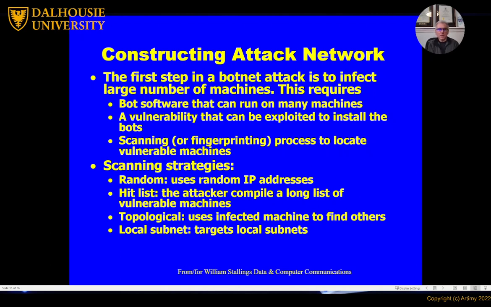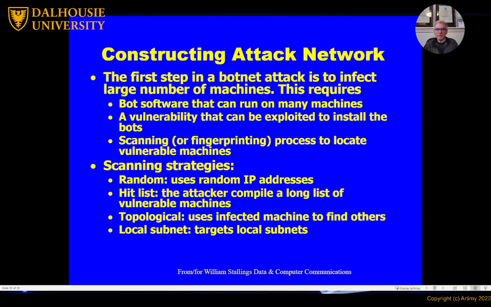The scanning strategies can be random. I know that I have an IP address space of 255 nodes. I can select randomly 100 of these or 50 of these, depending on the size. So random out of 255, and then start attacking these.